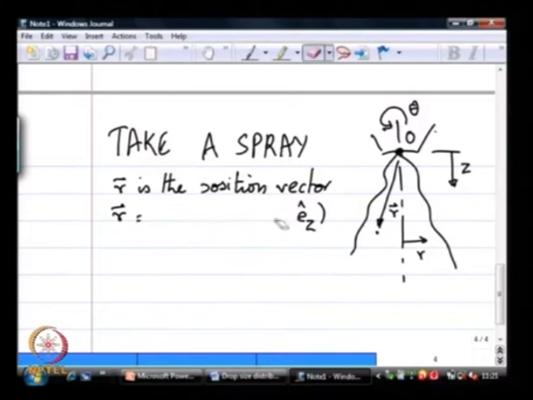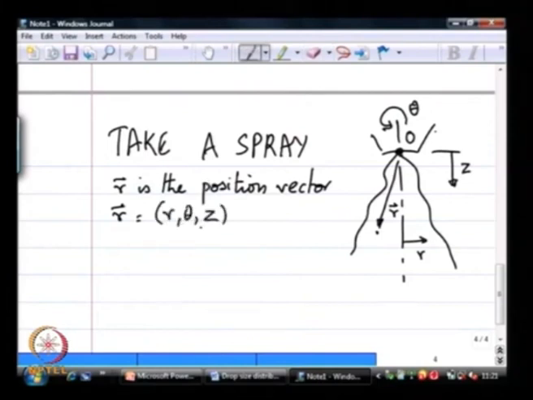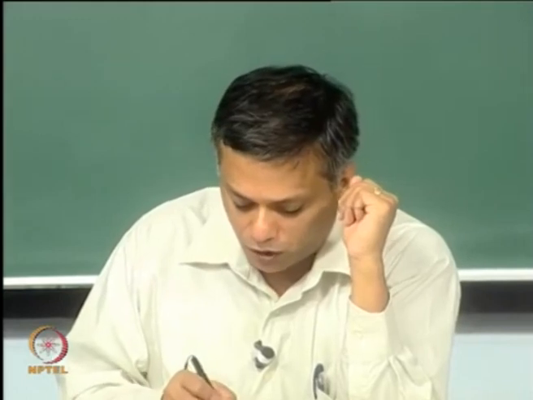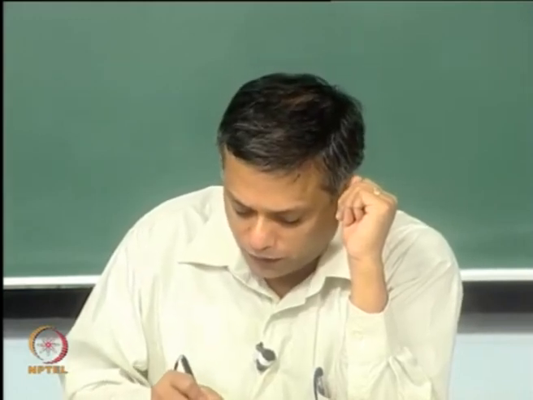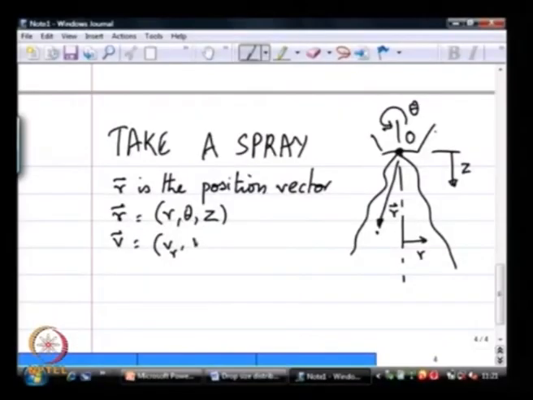I will write it more compactly, in just coordinate notation, that is easier. So, this is a position vector in 3 coordinates, and in each of these 3 coordinates, the velocity vector may have v r, v theta, v z.